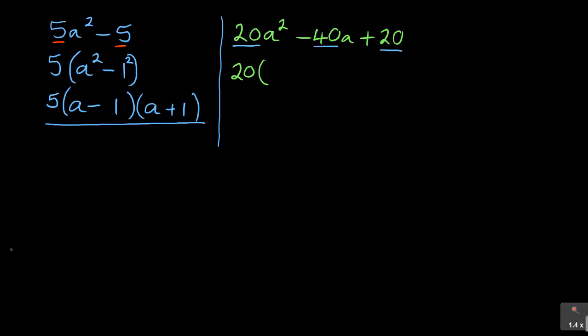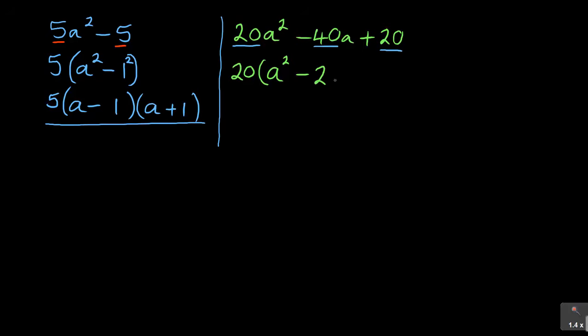So 20 into 20a squared. If I close this part of 20, I'm left with a squared, as you can see. So I'm going to have here a squared minus, now it's 20 into 40a. If you divide 20 into 40, you'll get a 2, but a will also remain.